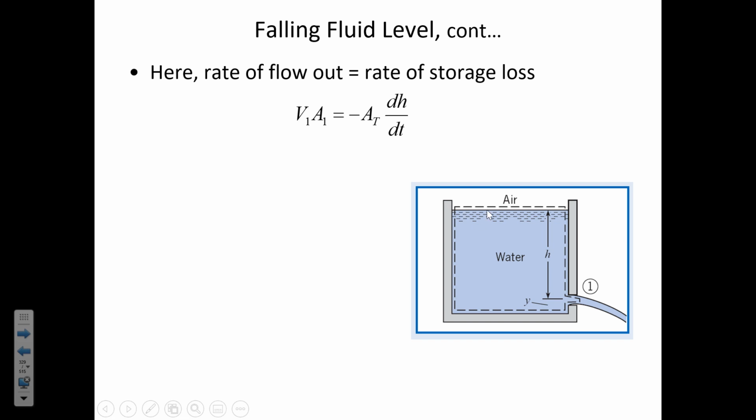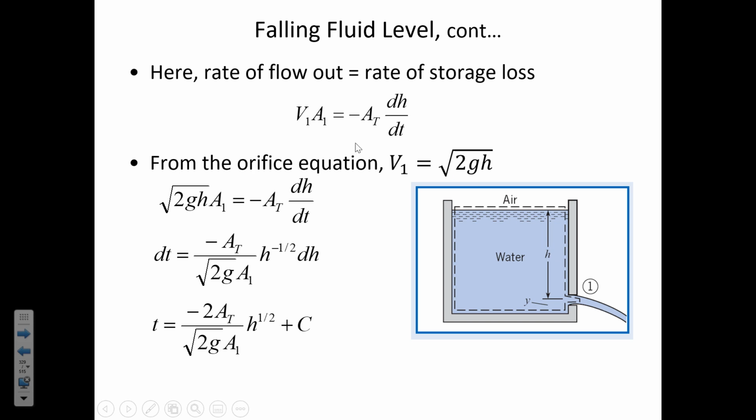So it's the top view area. And so this minus area of the tank dH dt is basically a volumetric loss that's equal to the velocity times the area of the jet that's leaving the tank.